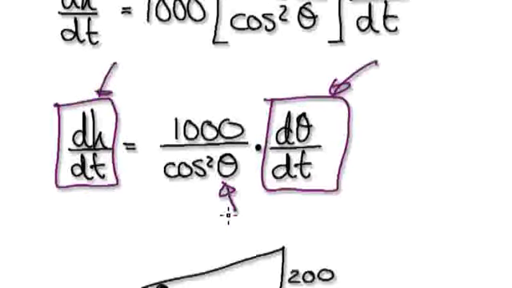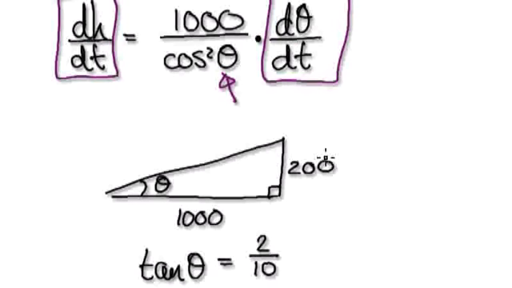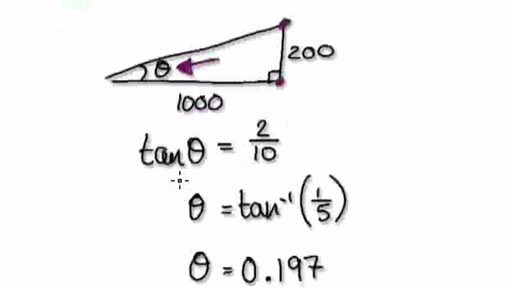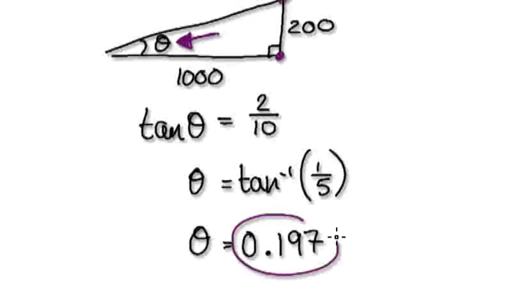Looking at this precise moment in time when it is 200 meters above the ground, because that's what we want to know, the speed of that dot when it's dead on 200 meters above the ground, you need to know this theta here. So when it's 200 meters above the ground, theta will be this.